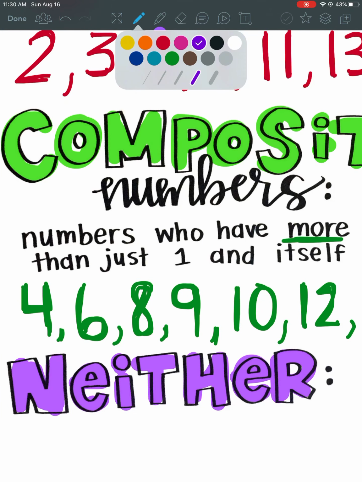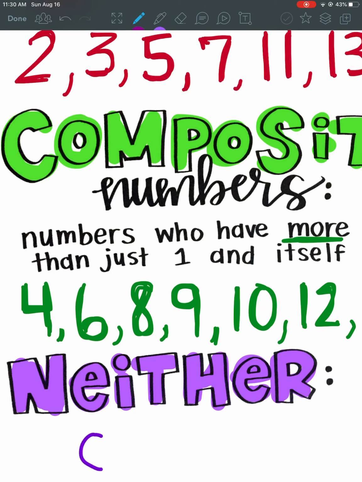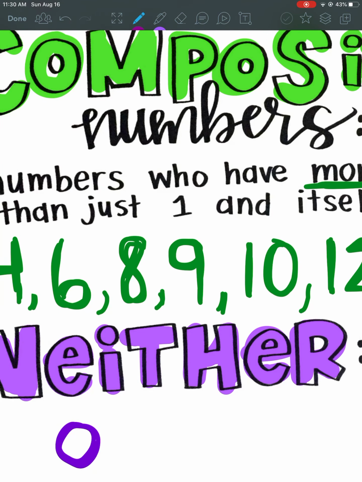0 and 1. For 0, we can do 0 times 1, 0 times 2, 0 times 10, 0 times 400. Anything times 0 is 0. So it doesn't fit these categories because it's not just 1 times itself. And for numbers that have more than just 1 times itself, the whole time you're multiplying it by itself.